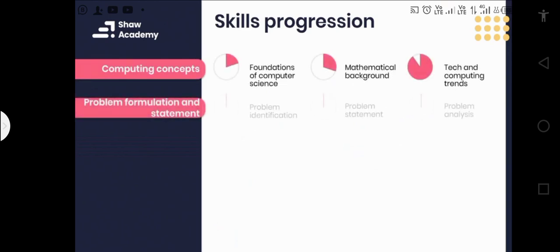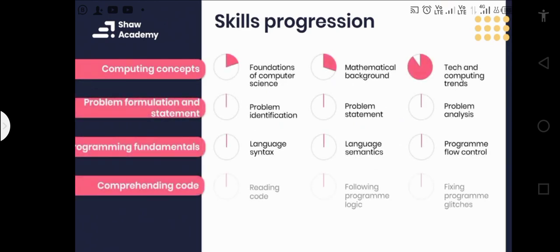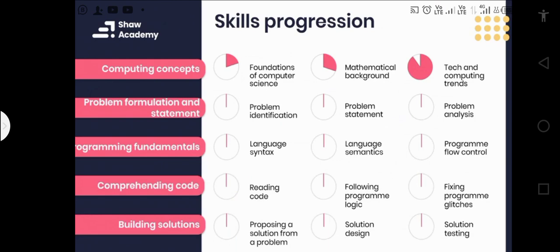In this course, we are going to take a ground-up approach in learning all about computer science. To start off, we will look at the very basic concepts that make up computer science, human communication, and the science behind language. We then jump into problem formulation and statement, one of the pillars of computer science.